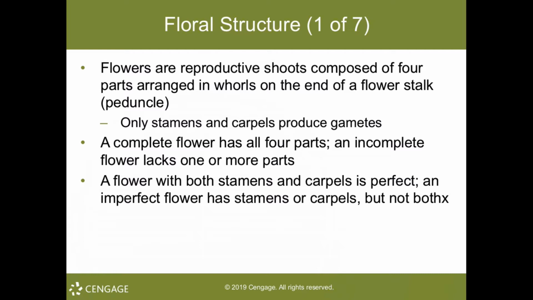These 4 parts are the things you ought to know about the basic flower structure. They are as follows, outside in: sepals, typically green; petals, typically showy; stamens; and carpels. These are called whorls. These are the four whorls of a flower. A flower is typically at the end of a flower stalk, called a peduncle. The peduncle is what the flower rests upon.